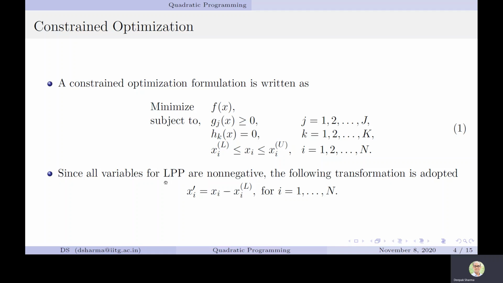In order to do that, we have to do a transformation, which you can see as xi prime equals xi minus xi lower. This transformation will make sure that we get a non-negativity condition, that is xi prime greater than or equal to 0.